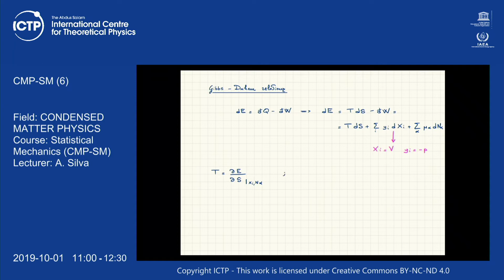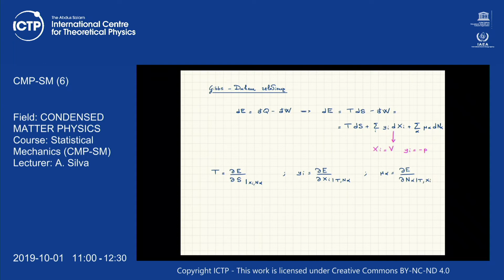If I want yi, this is going to be equal to dE over dxi, fixing the entropy and all the n alphas, and at the same time the chemical potential is going to be equal to dE over dn alpha, at fixed entropy and xi.